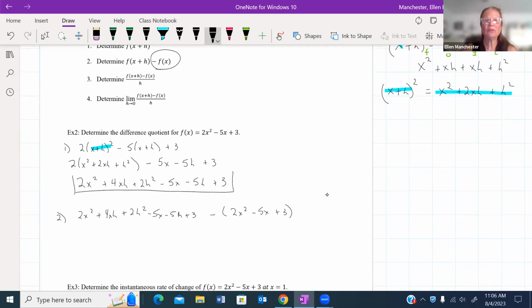If I don't put it in parentheses, then all I'm doing is taking off the 2x squared, but I am taking off the entire thing. So what that means is that negative gets pushed through all three terms. So I end up with negative 2x squared plus 5x minus 3. So all that does is it just changes the sign. Okay, so I'm going to rewrite this first part.